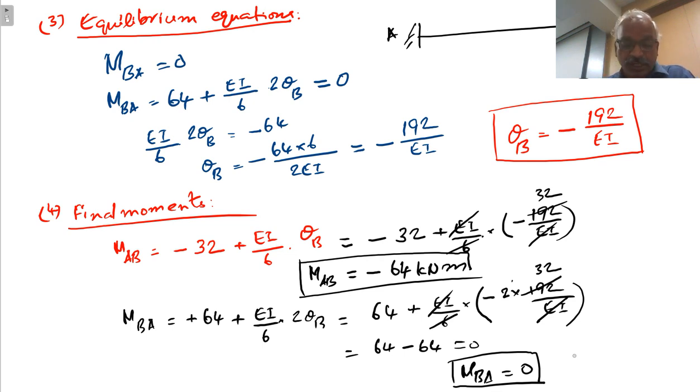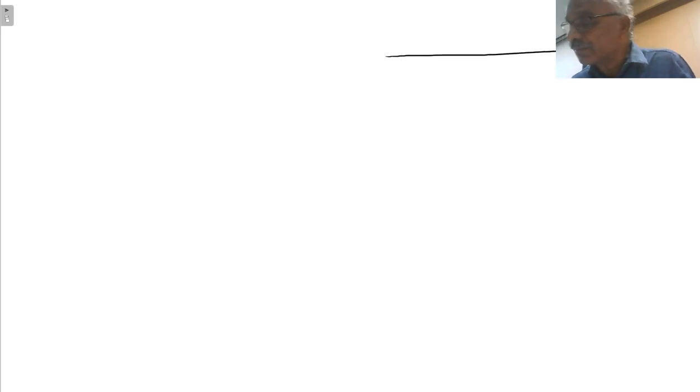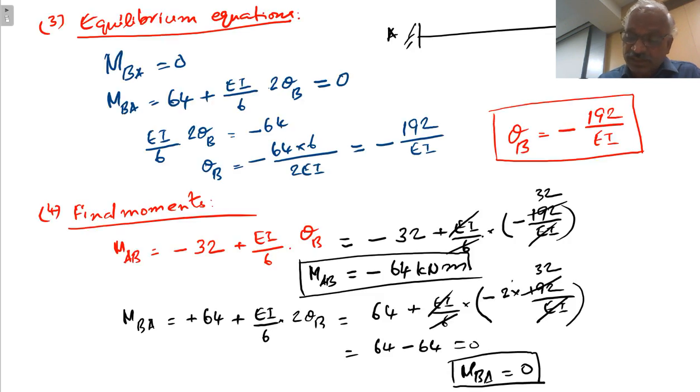Right. Now the next step is drawing the bending moment diagram. In this beam, we have got MAB, namely in page number 3 we find MAB equal to minus 64 kilonewton meter.